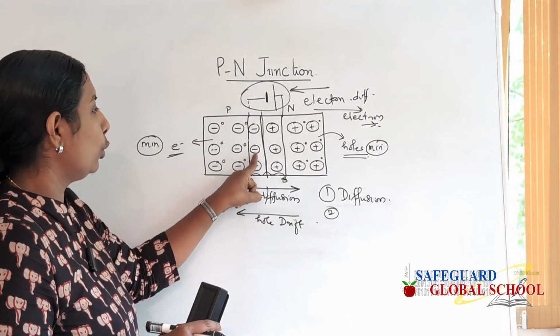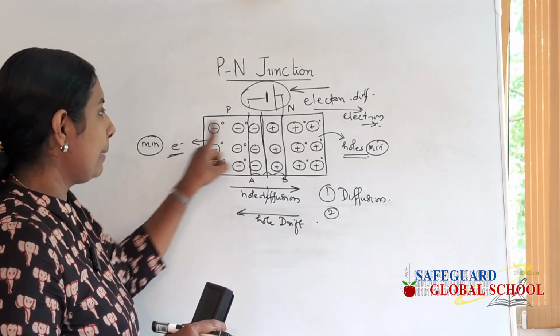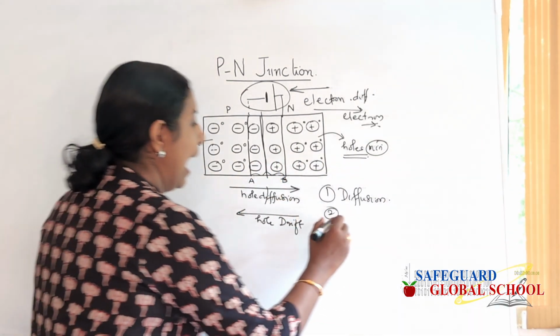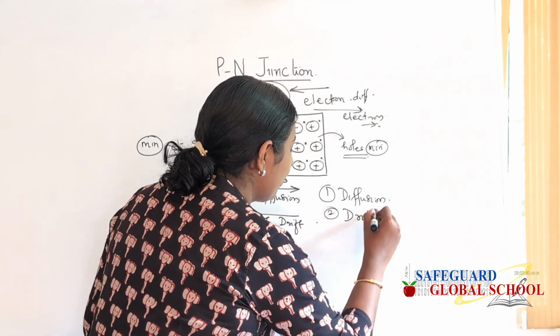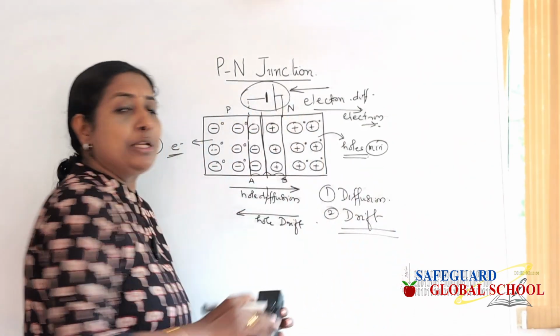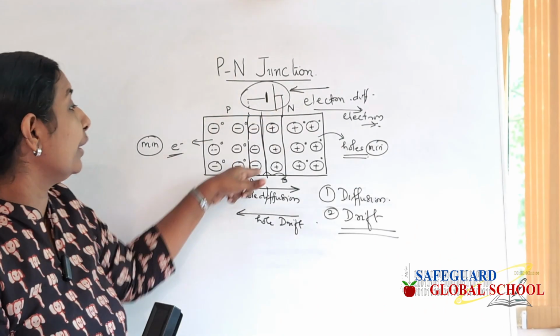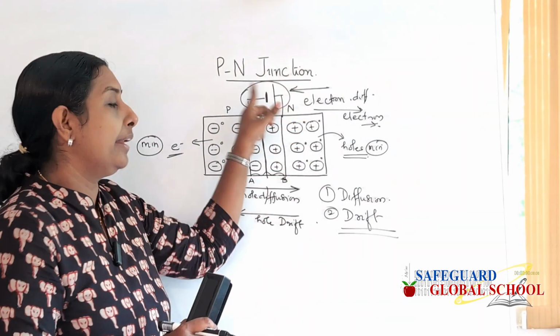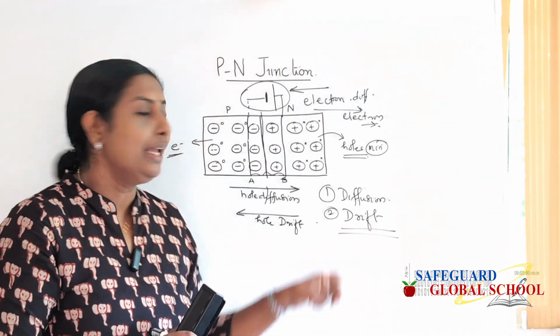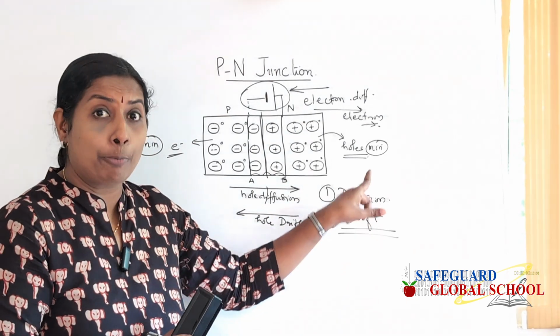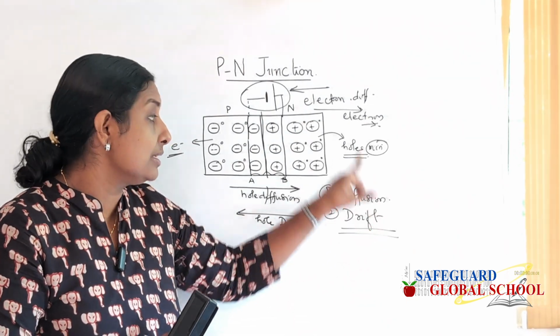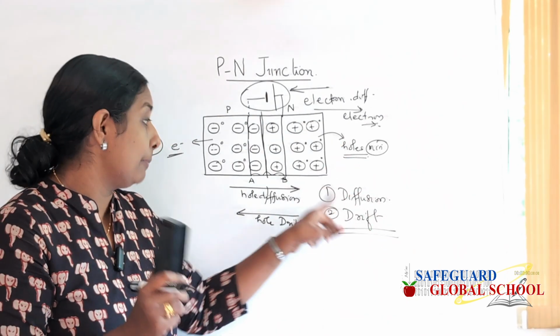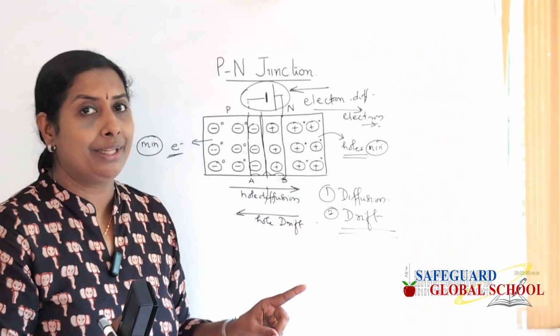They can be attracted towards the negative. These electrons can be attracted towards the positive, and this movement of minority carriers according to the electric field existing in and around the junction is what is meant by drift. So diffusion is the process of movement of majority carriers, and drift is the process of movement of minority carriers.